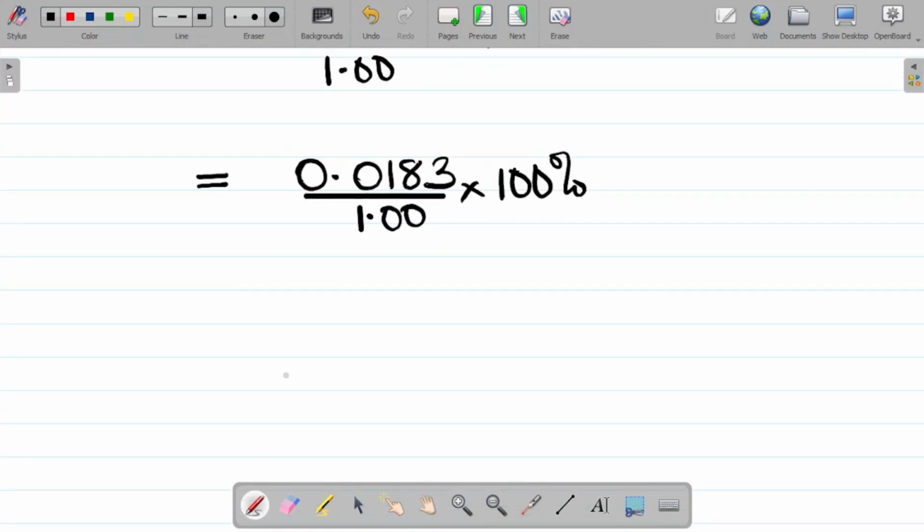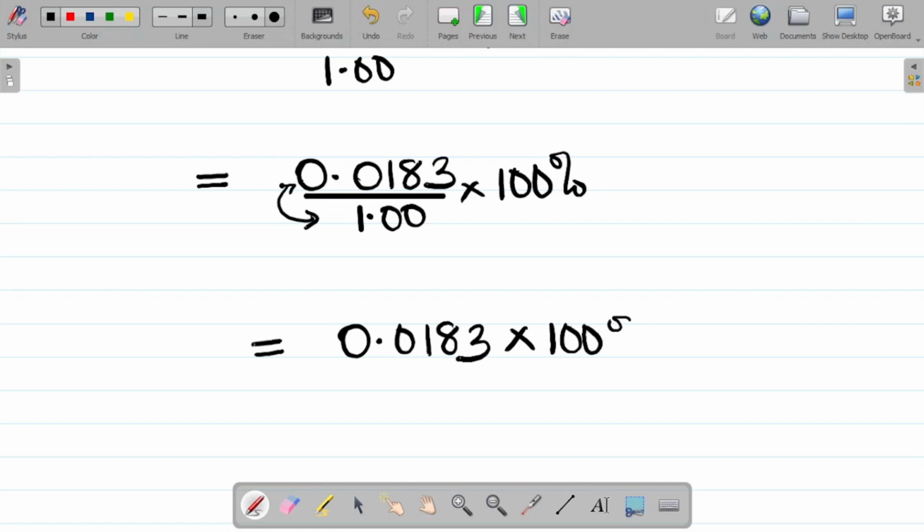So 0.0183 divided by 1 gives 0.0183, times 100%.